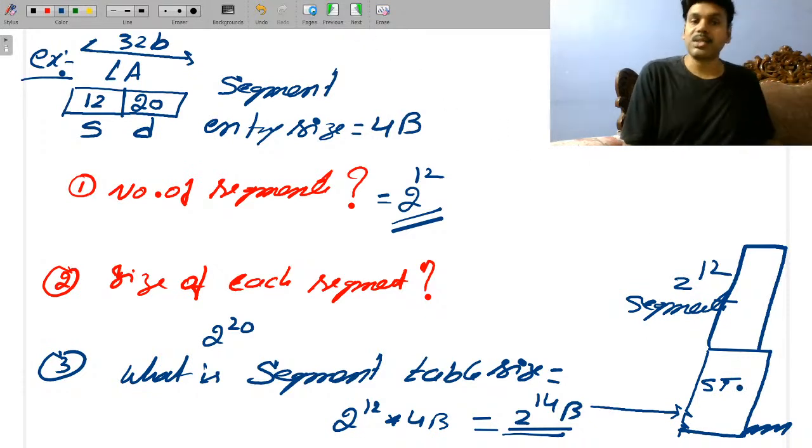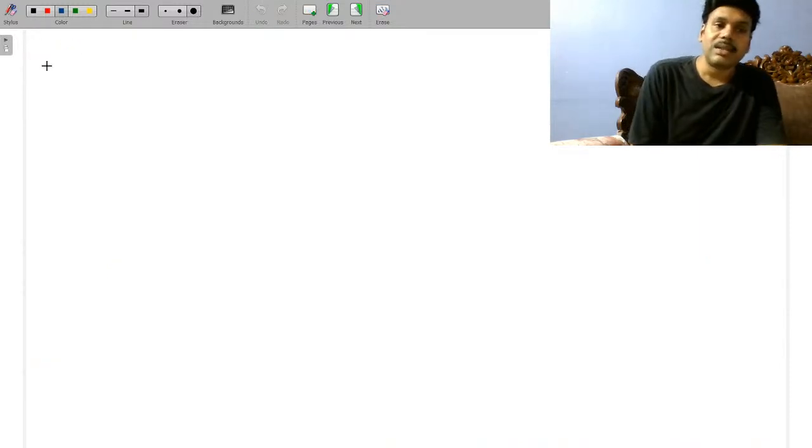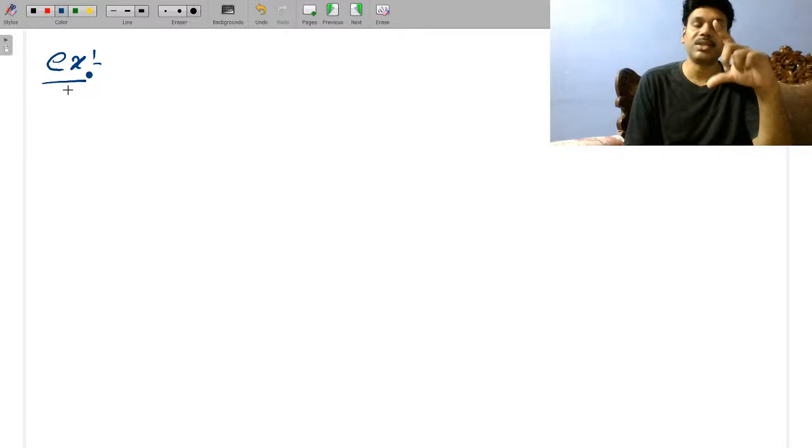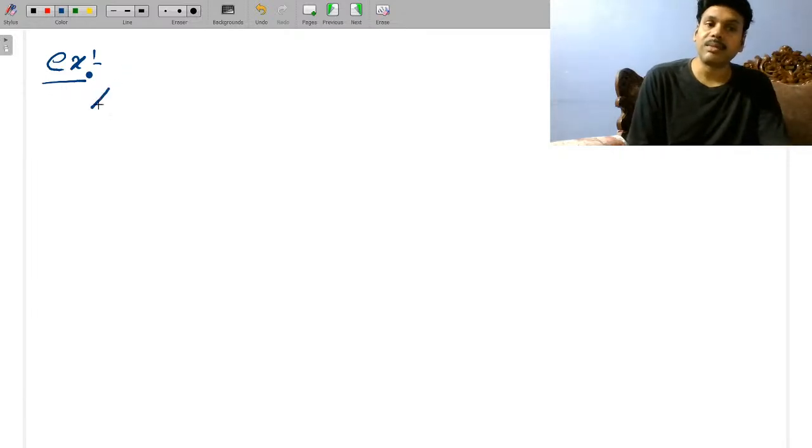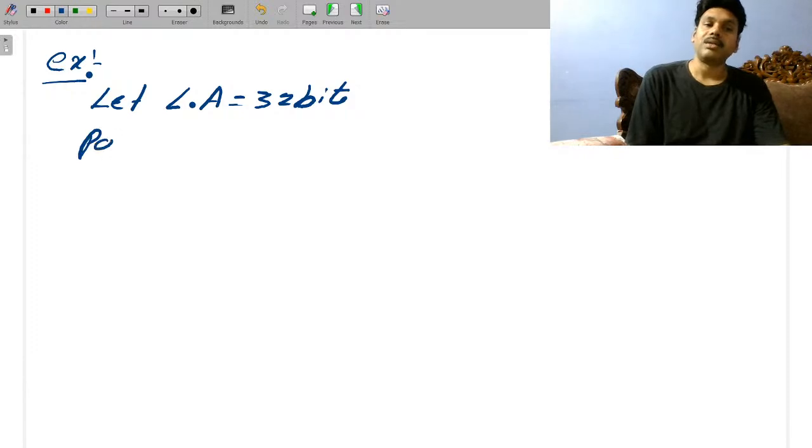Now let us see the second question. This time I'm combining segmentation with paging, because I'm mixing both. Let the logical address be 32 bits, and I am now using the paging concept: page size is equal to 12 bits.